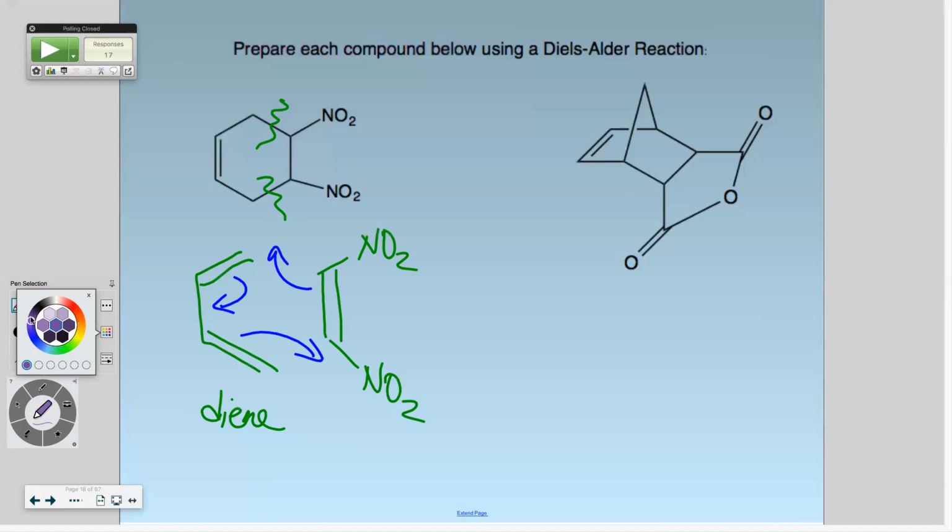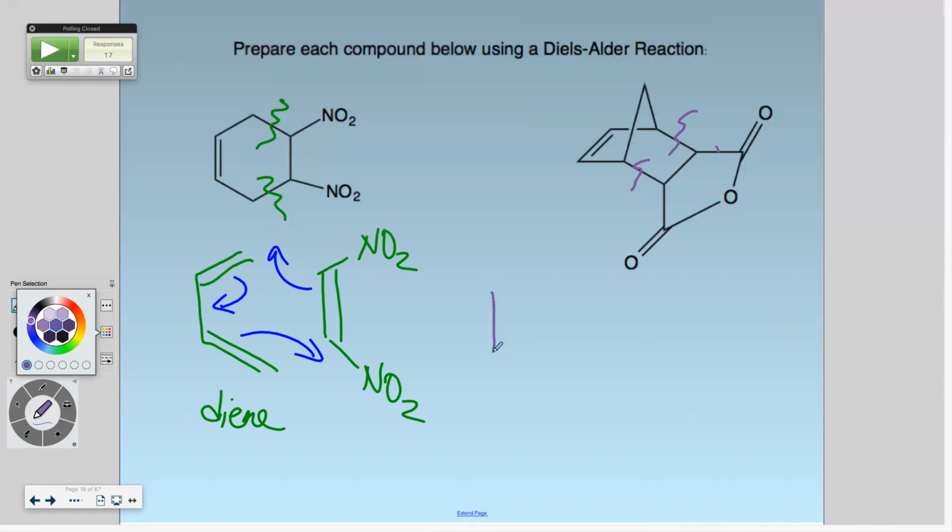Should I start pointing to bonds and you tell me? Does that work? Okay, how about this bond? This one. This one. Okay, this one. This one. This one. Y'all are doing good. All right, so what is the left side going to become? It's going to come from what of the two pieces?